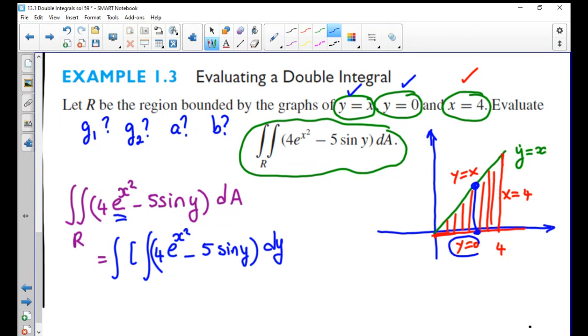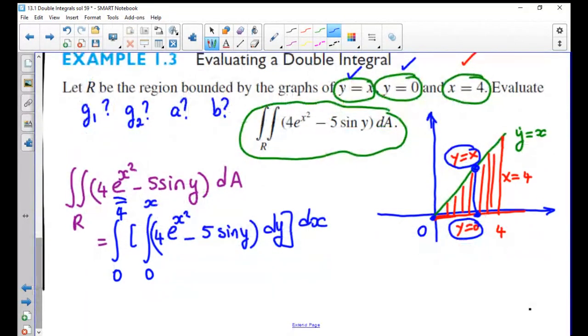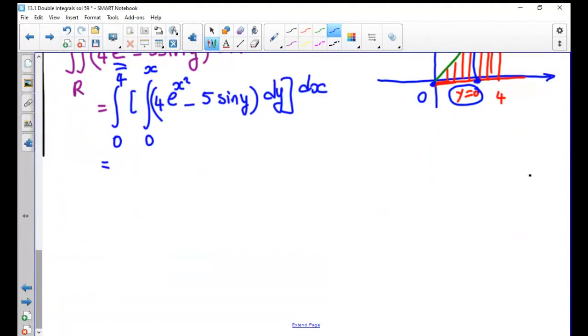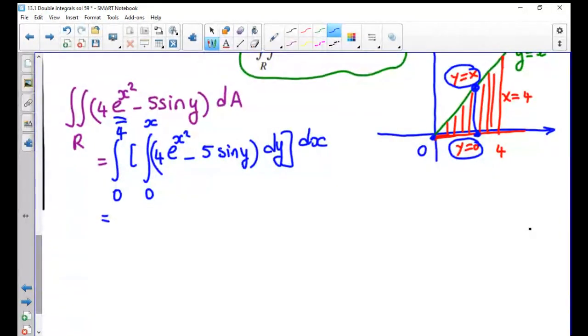It goes from y equals 0 to y equals x, so it's going to be from 0 to x. And then, whatever this result is, I will integrate it with respect to x, and x goes from 0 to 4. That is how we are going to work out this integral. We split it into two simple integrals.